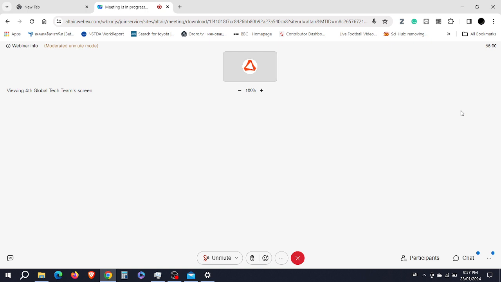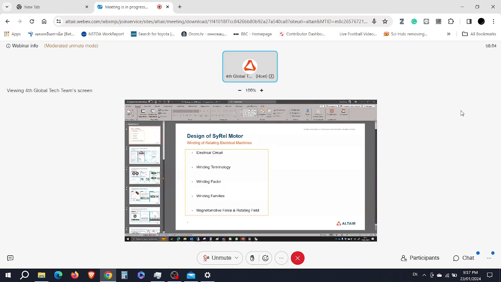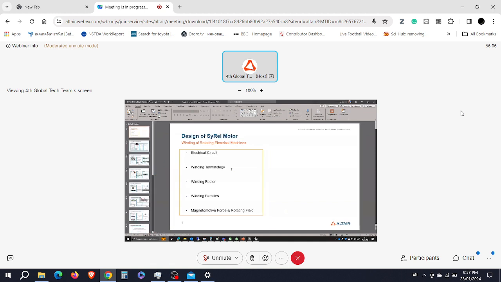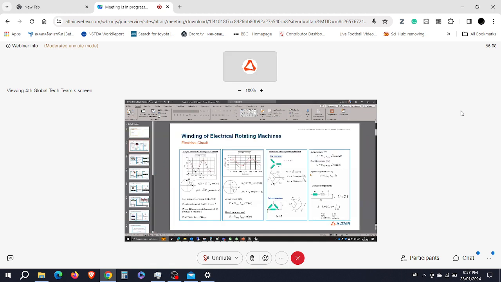And then let's talk about the electrical circuit. Let's talk about some notions of the supply. It's an AC supply for us, for sure, for our synchronous electronic machine.